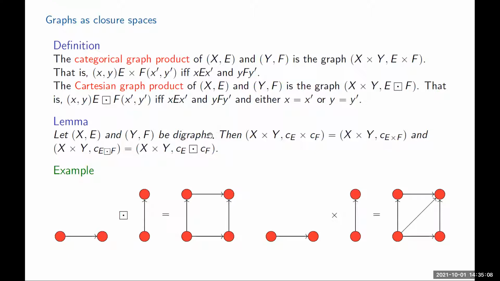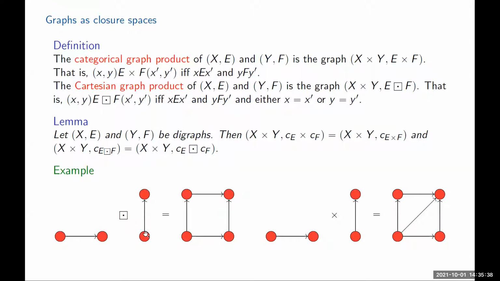Actually, before that, I have this lemma: the categorical graph product is just the product you would get by taking the product closure between the two graphs, if you think of them as closure spaces. And this Cartesian graph product corresponds to the inductive product of closure spaces. So let's look at an example. If I have these two directed graphs, remember I denoted this by J plus and J plus.